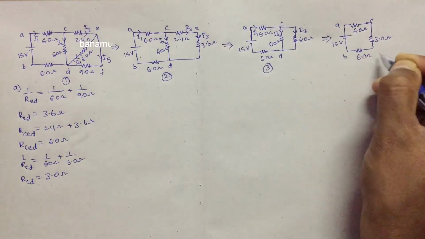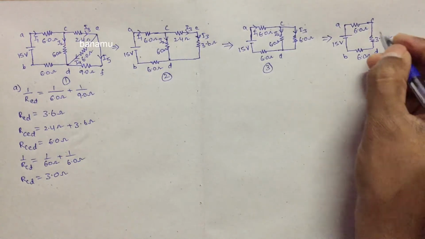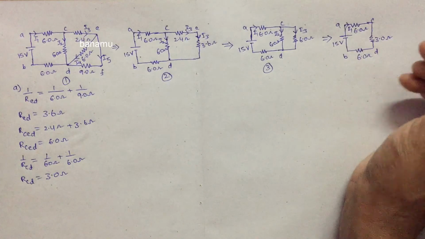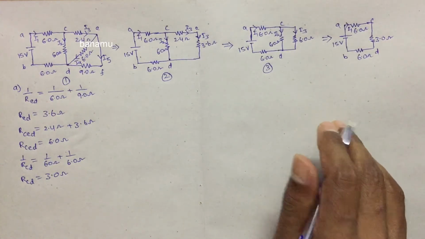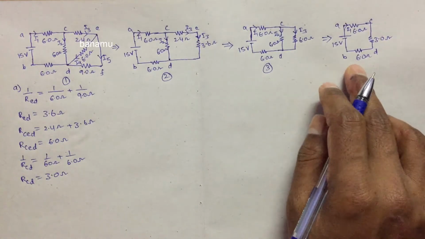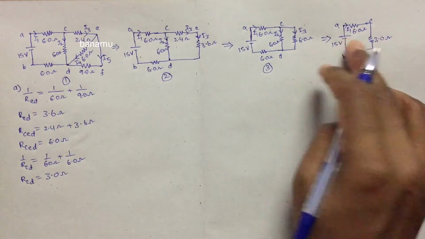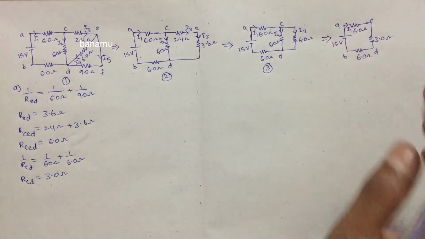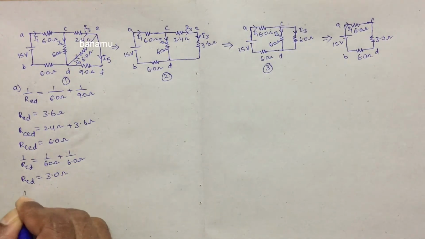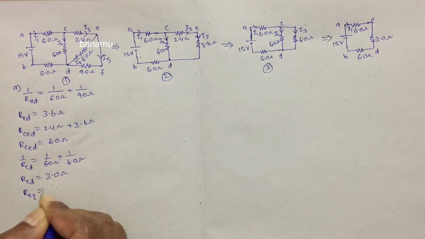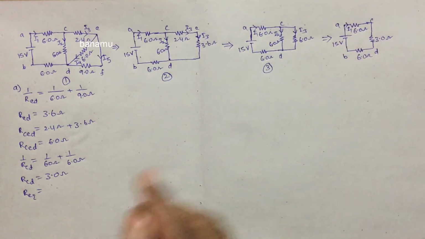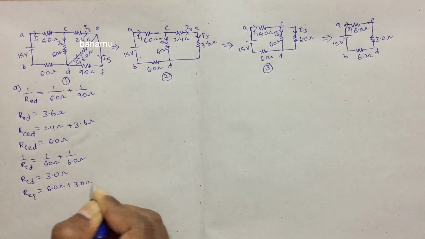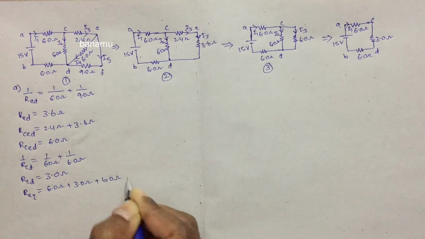This is the point B, this is the point D. The current through the resistance AC is I1. First of all, we can calculate the equivalent resistance in the circuit. The 6 ohms, 3 ohms and another 6 ohms are all connected in series. So the equivalent resistance in the series circuit, R_eq, is equal to the sum of the individual resistances. So 6 ohms plus 3 ohms plus 6 ohms.